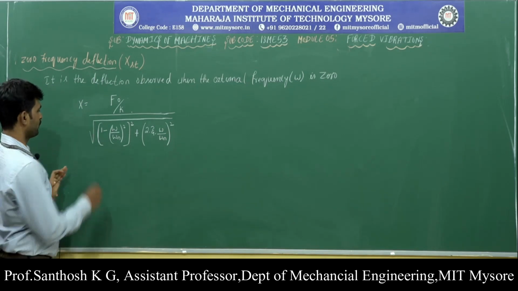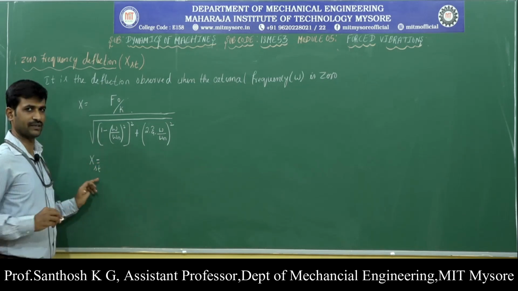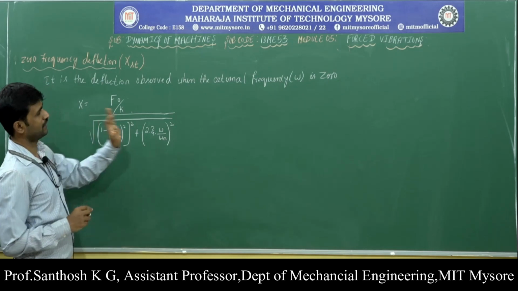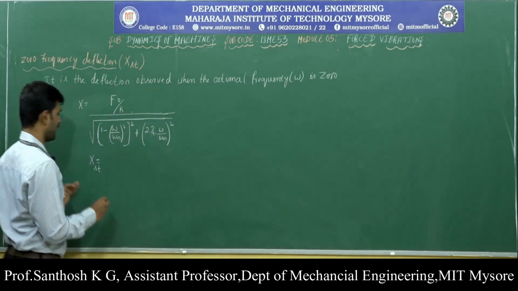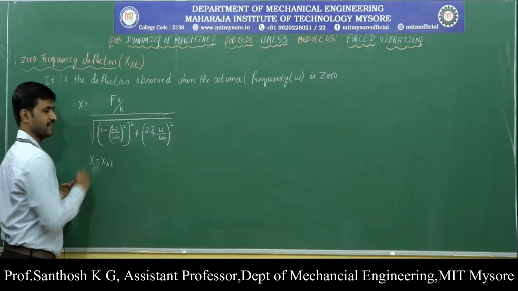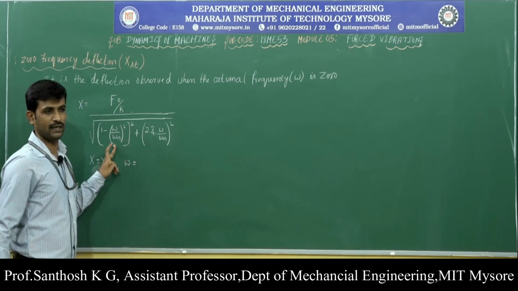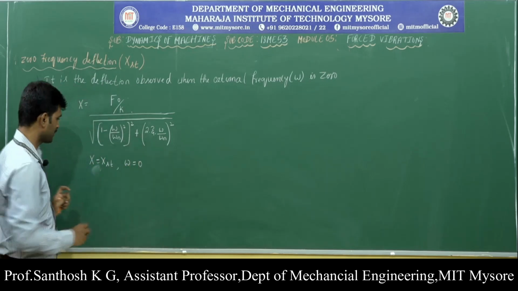Now, to get the static deflection XST, what should I do? I should substitute the value of omega as 0. That is, x will be XST when the value of omega in the above equation is 0.